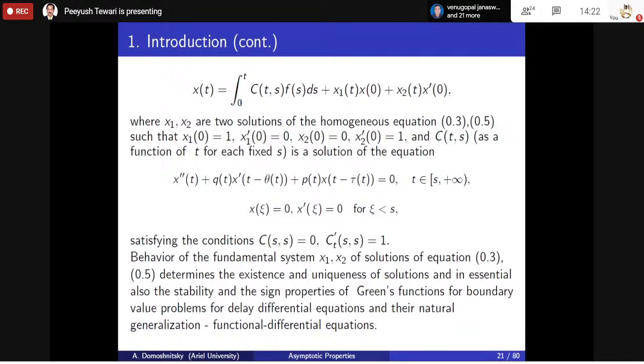And it is absolutely the same definition as in the case of an ordinary differential equation. The behavior of the solution is determined by properties of boundary value problems and stability of the differential equation with delay, like in the case of the ordinary differential equation. Next, please.